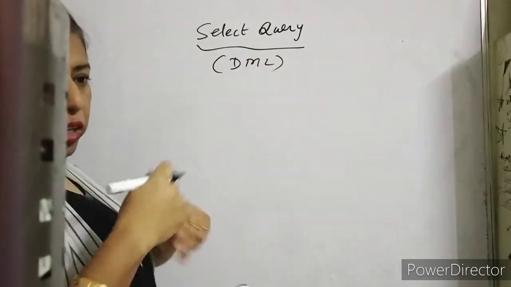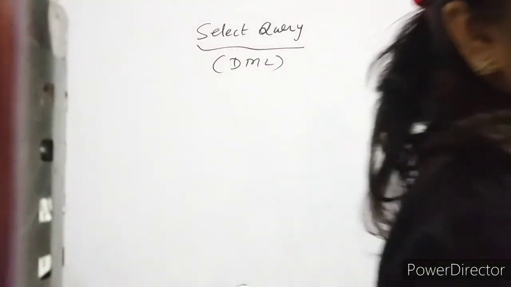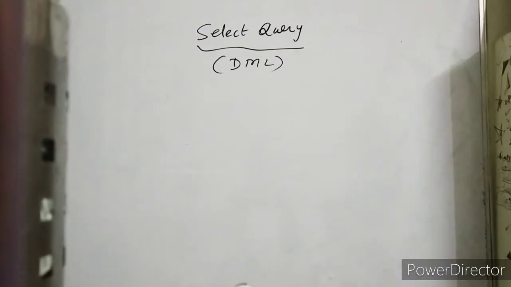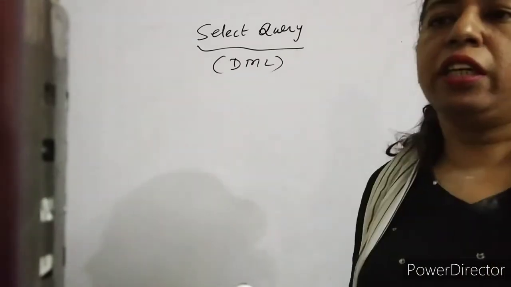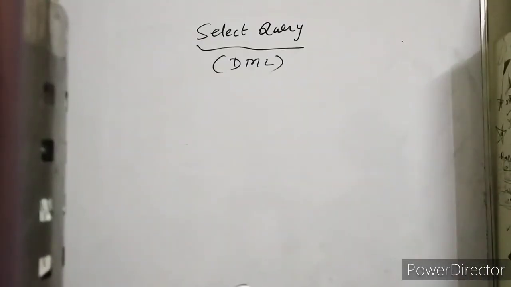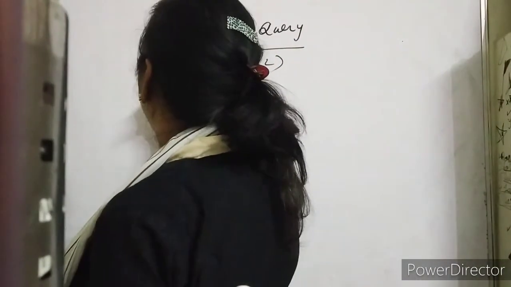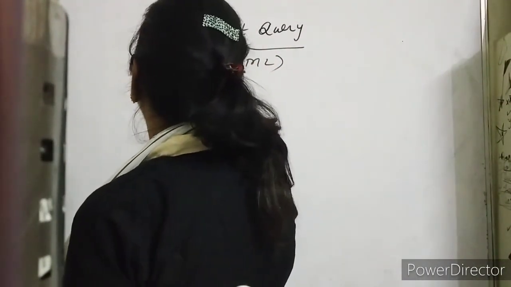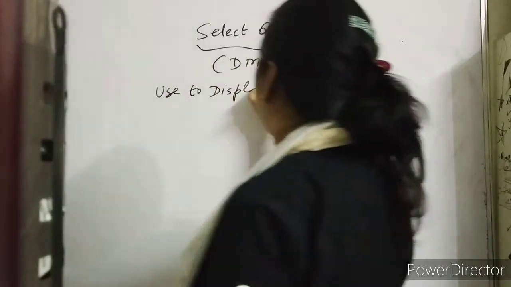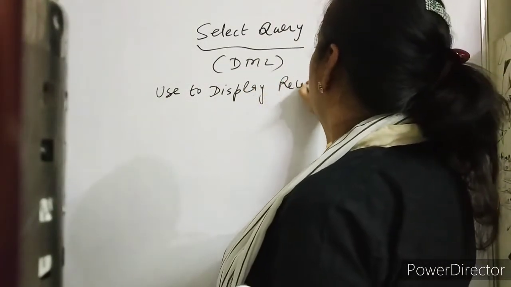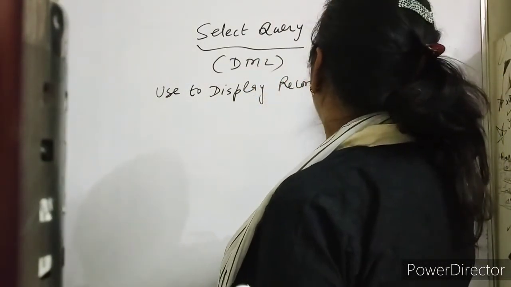From today onward, whatever command I teach you, I prefer that you also write which command it is, DDL or DML. Clear? Insert command is DML. Select command is DML. Create table is DDL. Select command is used to display records from the table.